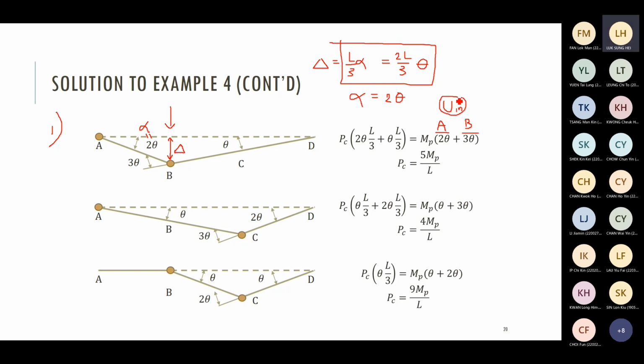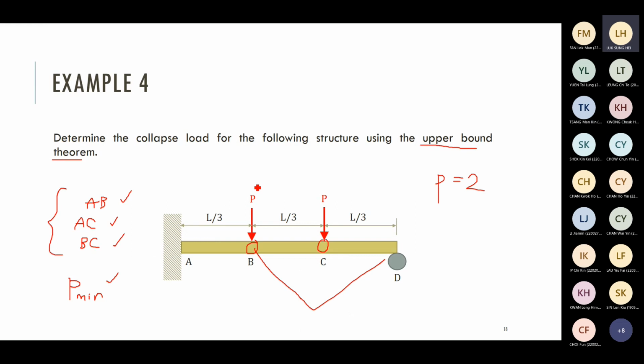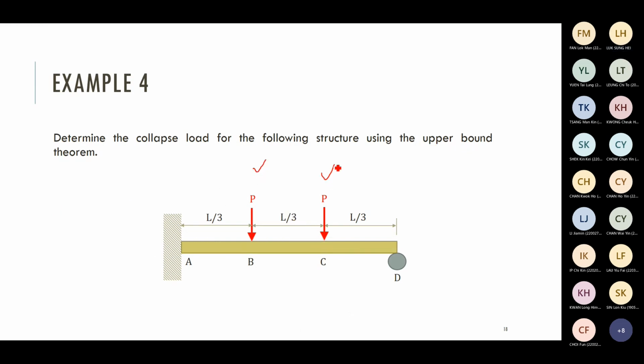You have to also calculate external work. When you calculate external work, remember that there are two loadings here. There are two forces. When the beam bends in this manner, you can see that both the force at point B and the force at point C will do work on the structure.